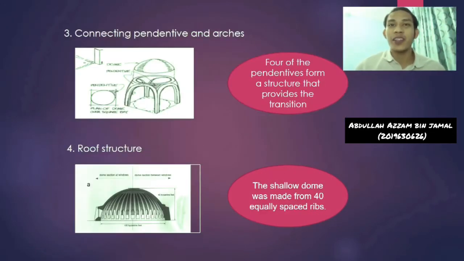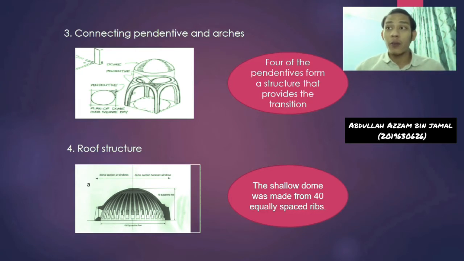So the next step is connecting the pendentive and arches. So the 4 pendentives form a structure that provides a transition from a square space up to the circular area, which is to be crowned by the dome. So step number 4 is the roof structure. It was the dome that made the Hagia Sophia the most complex building.